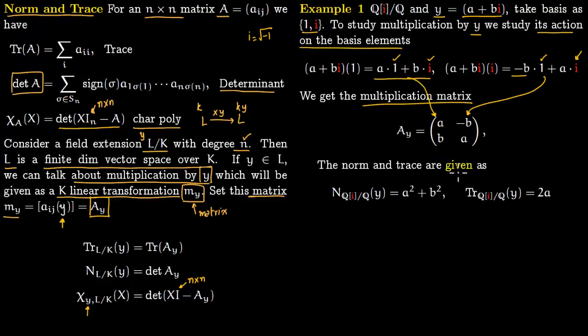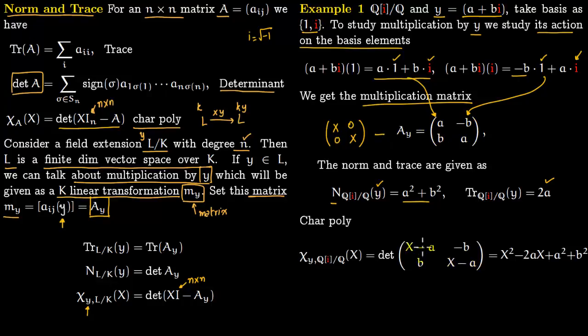Now you can compute the determinant and add the diagonal elements. You add the diagonal elements, a plus a, you get the trace as 2a. You compute the determinant, you get a squared plus b squared, and that is the norm of this y. Then you can also compute the characteristic polynomial. We have to multiply x by the 2 by 2 identity matrix, so you will have the matrix with x, 0, 0, x, from which you will subtract this matrix, and that will give us x minus a, x minus a.